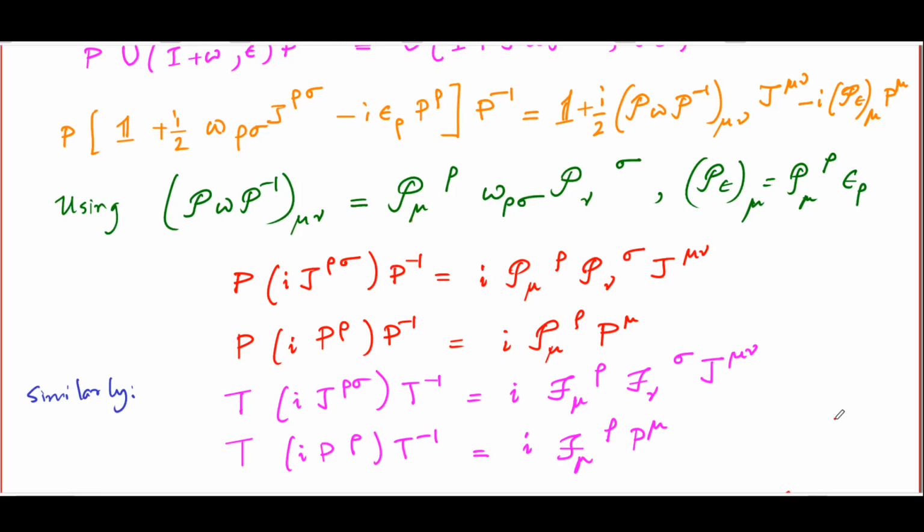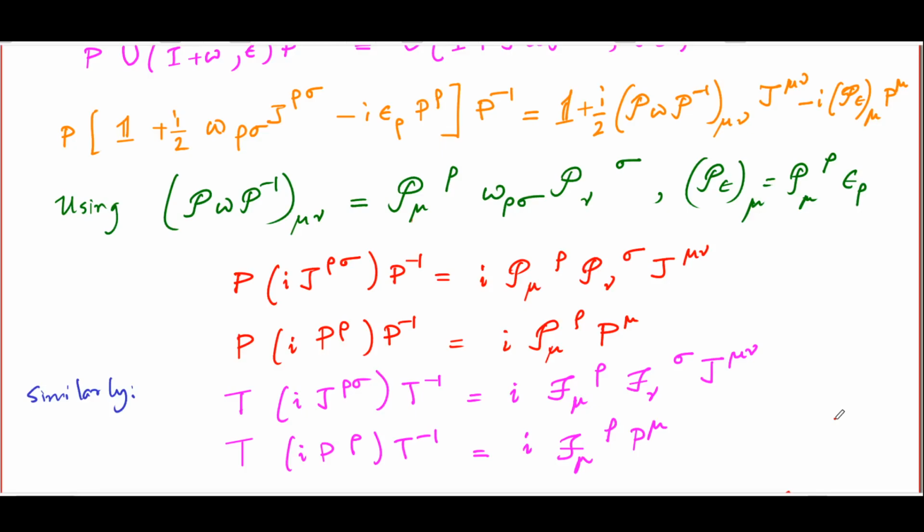And we had argued earlier that operators which are connected continuously to the identity, like the operators corresponding to the continuous proper orthochronous Lorentz transformations, must be unitary because they start at the identity, which is a unitary operator, and can only change continuously from there.